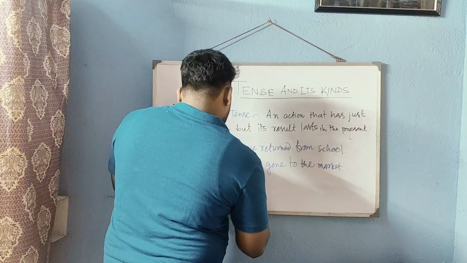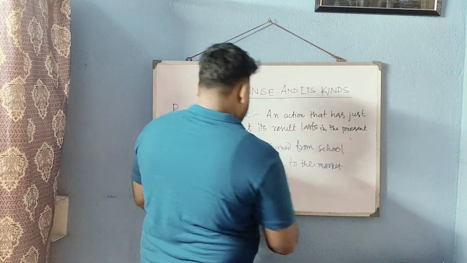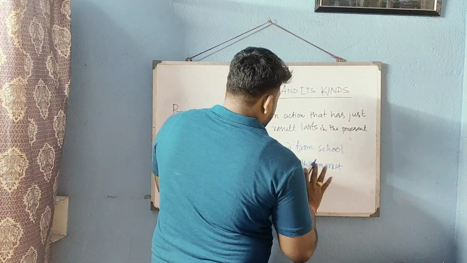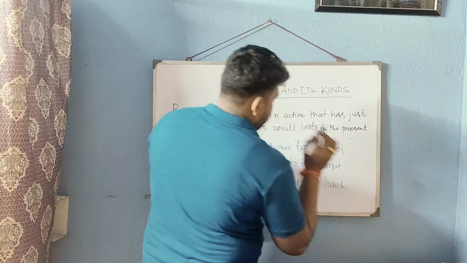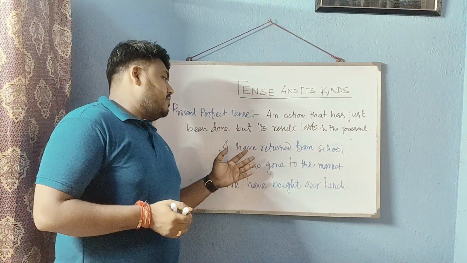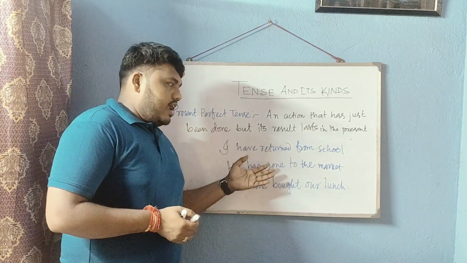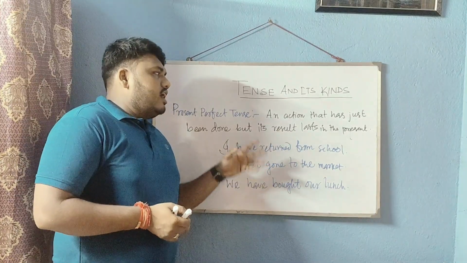We have bought our lunch. So they are examples of present perfect tense. They have just been done in the present, but in some ways their result lasts in the present.